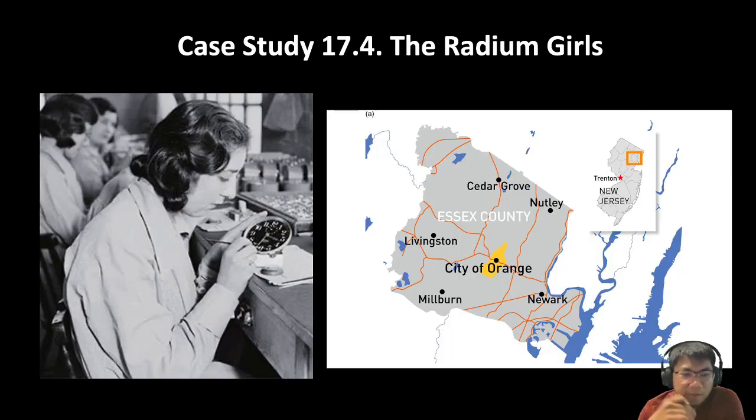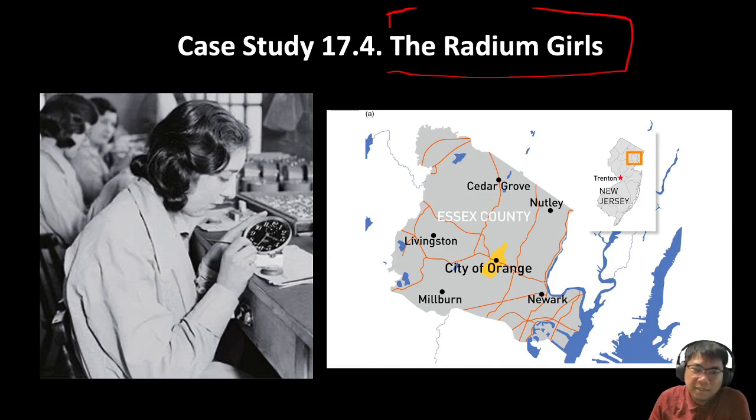Now, talking about radioactive minerals, this is also something that actually happened not that far from us here in New Jersey. A long time ago, there was something we call the Radium Girls case.